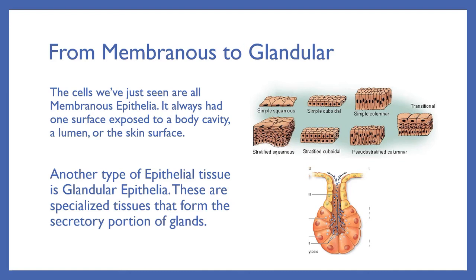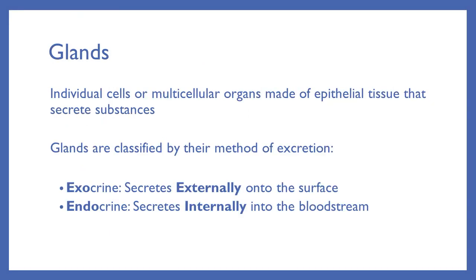If you notice in the picture, they did have that surface that was exposed, but it began to curve inward and come down, forming a structure that is made up of epithelial cells, but it created its own little space inside. These are called glands. They are individual cells or multicellular organs made of epithelial tissues that secrete substances.